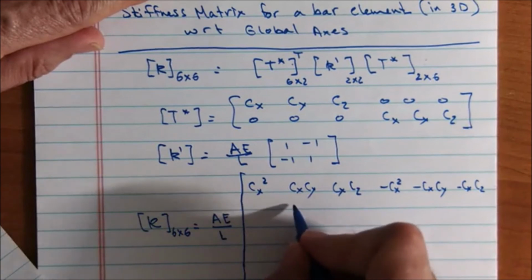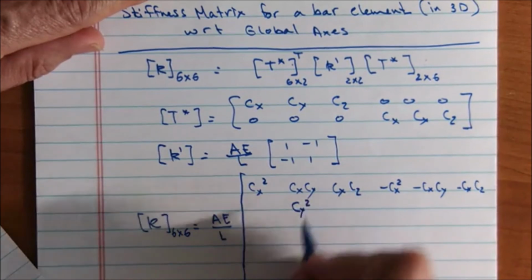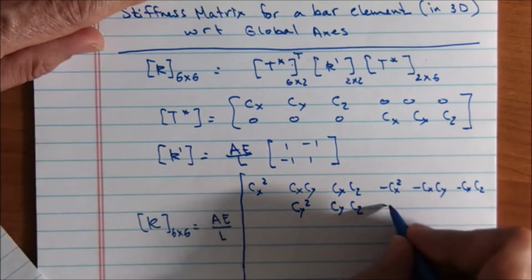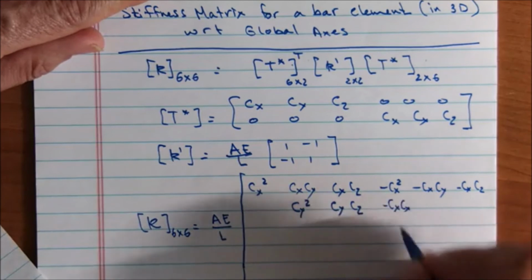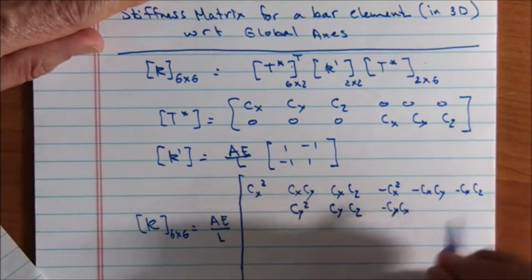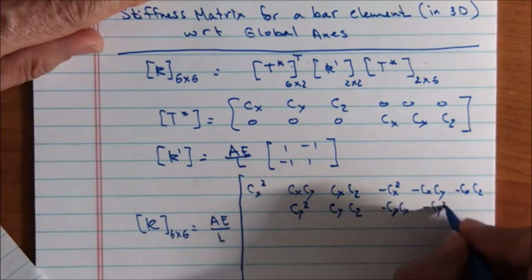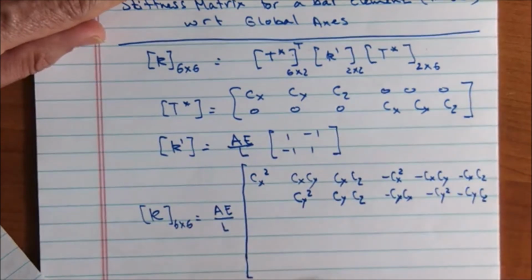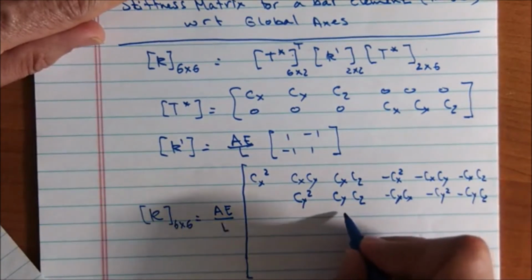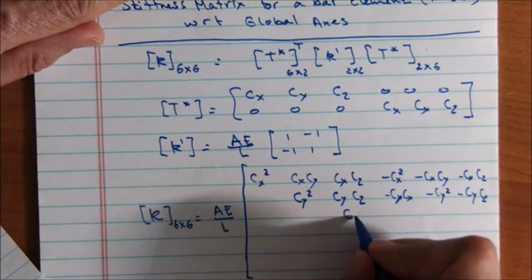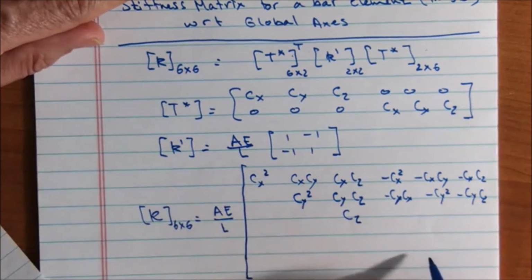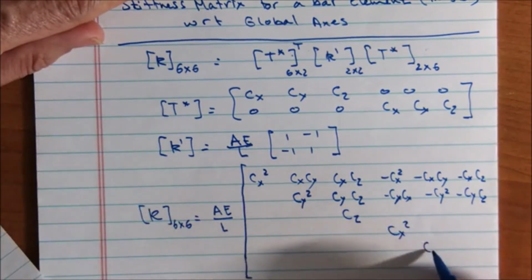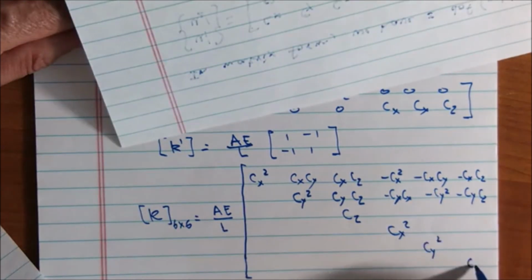So on the second row, second column, I have a Cy squared, and then here we have CyCz, minus CyCx, minus Cy squared, minus CyCz. And then on the third row, third column, I have a Cz squared. Remember, the diagonal is always positive, so we're going to get here a Cx squared, here a Cy squared, and here a Cz squared.